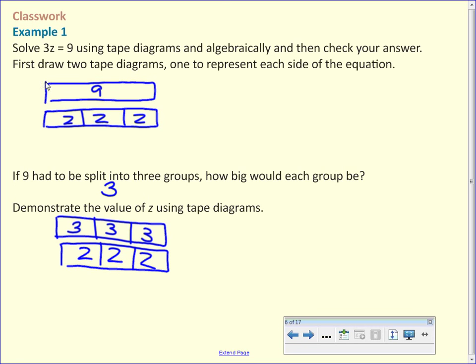So then I can see that z equals 3. Okay, any questions on where that came from? Those are z's, sorry.